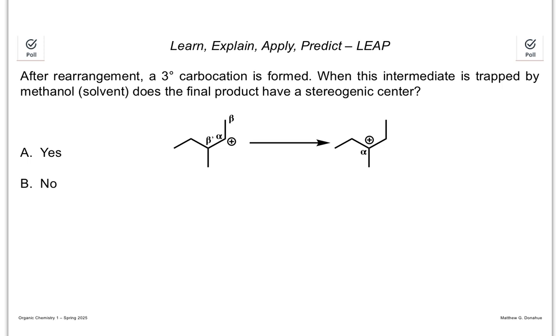So it says, when that tertiary intermediate is trapped by methanol, does the final product contain a stereogenic center? So that's the nucleophile trapping the carbocation. So I'll say that, then proton transfer. So that's the final product. And does that contain a stereogenic carbon?